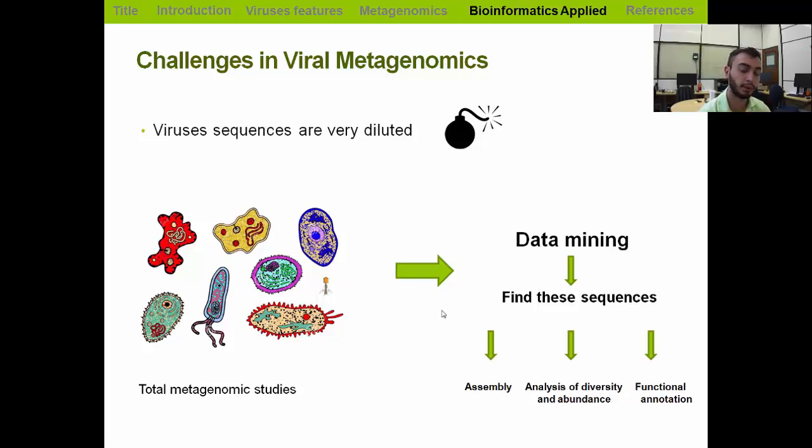It's a problem we haven't solved yet, and I'm trying to deal with it. It's hard. Once we find the viral sequences, we do assembly, analysis of diversity and abundance, and functional annotation, but only once we find them. As I said, they are very diluted, so that's the problem.